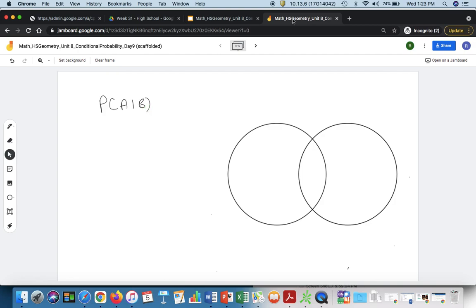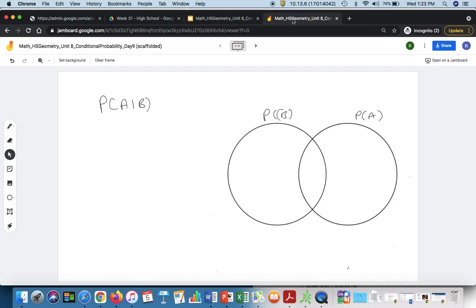So I have a Venn diagram here to illustrate what it might look like as a picture. Let's say that we have the probability of B and the probability of A. And what we're looking for here is the probability of A given that B has occurred.